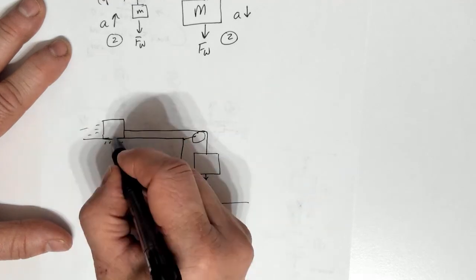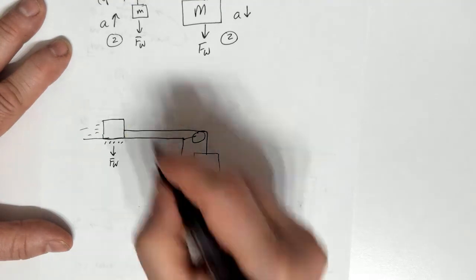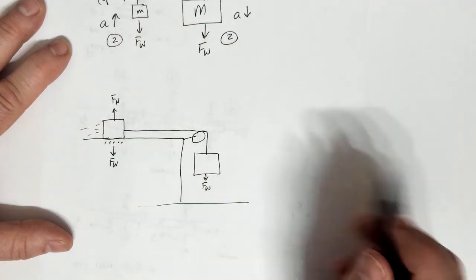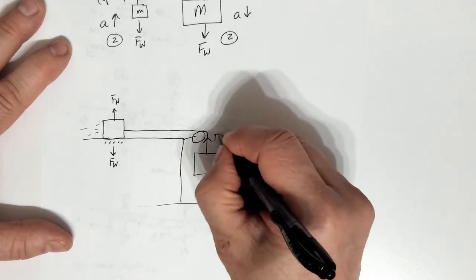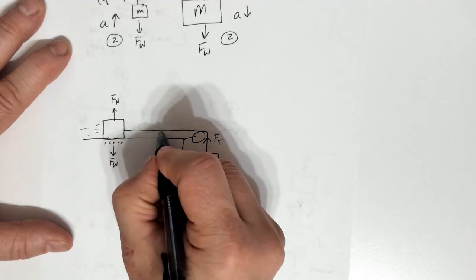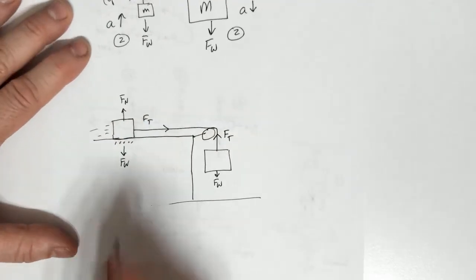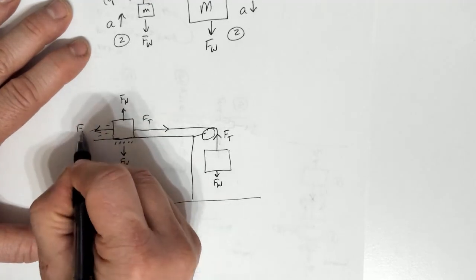So this box actually has a force of weight like this one, but this one has a normal force, whereas this one does not because it's not touching a ground, or being supported. This one has a force of tension, but this one is being pulled on also, so it has a force of tension, and it's touching the ground, so it's got a force of friction.